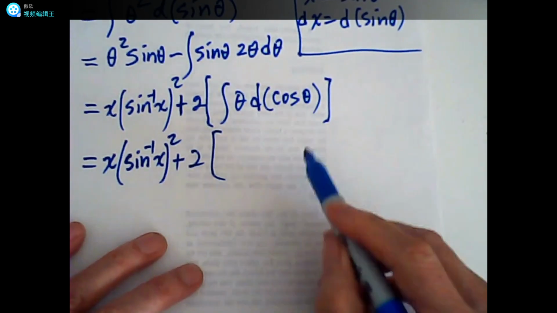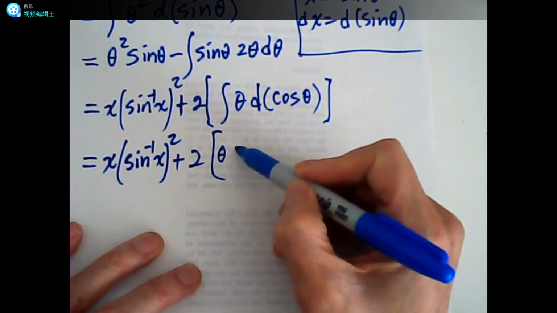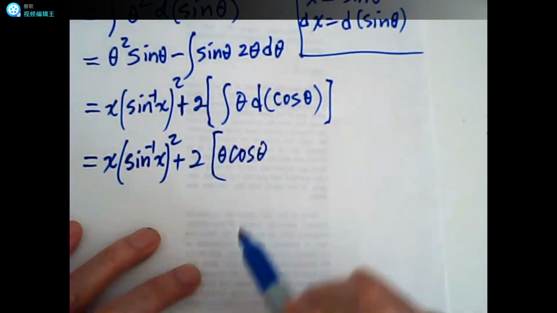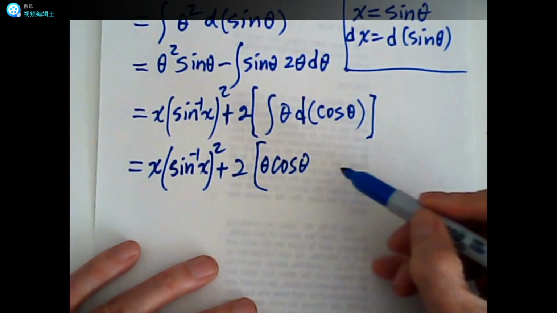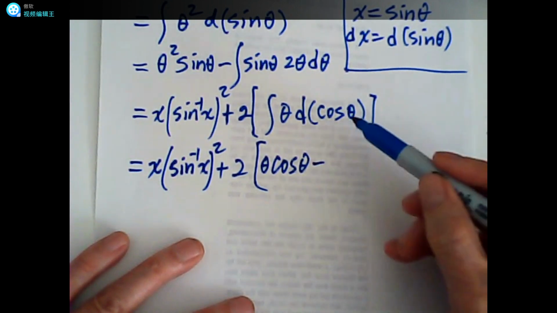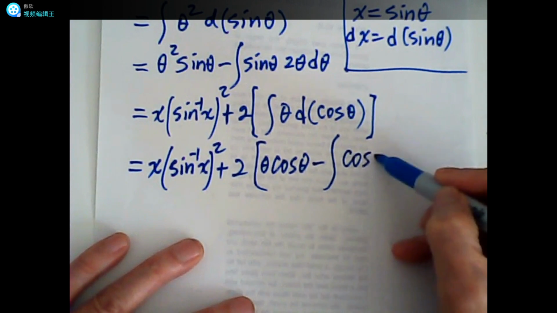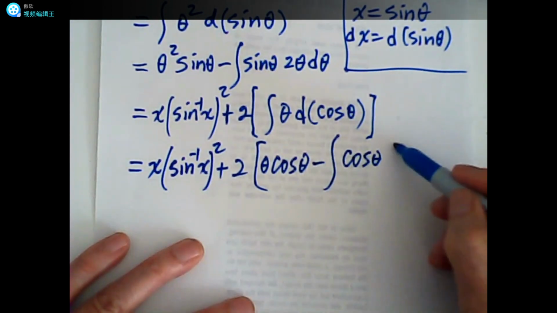Now this is uv. U is this, v is this. So uv minus the integral of v du. V is cosine theta, du is d theta.